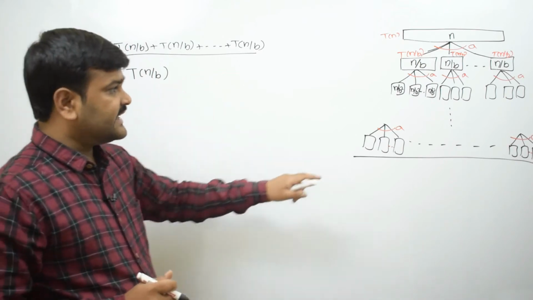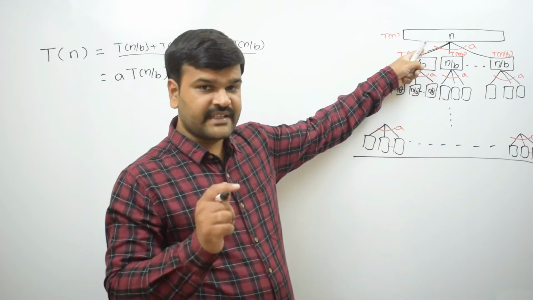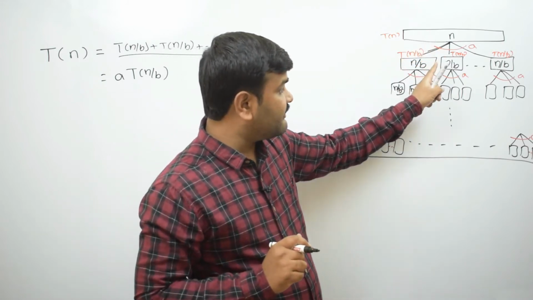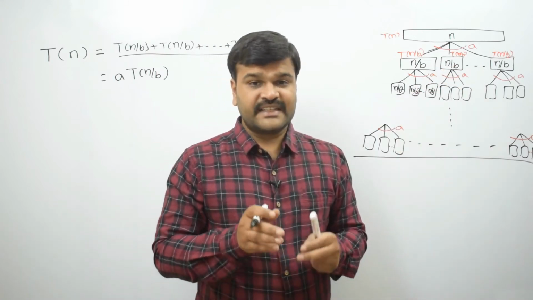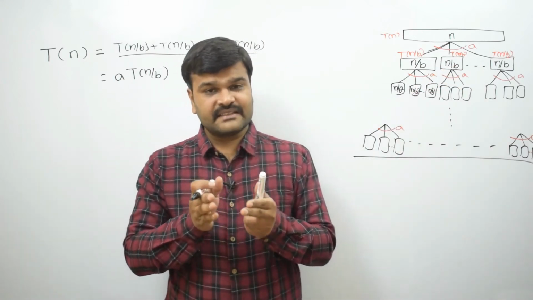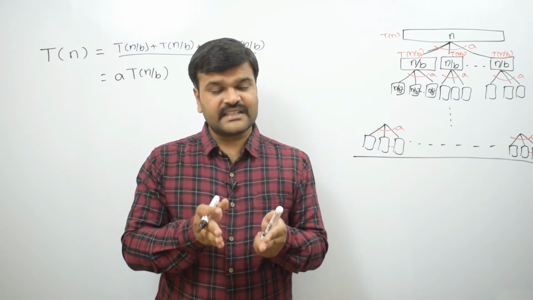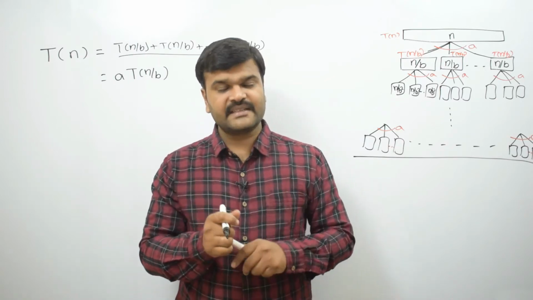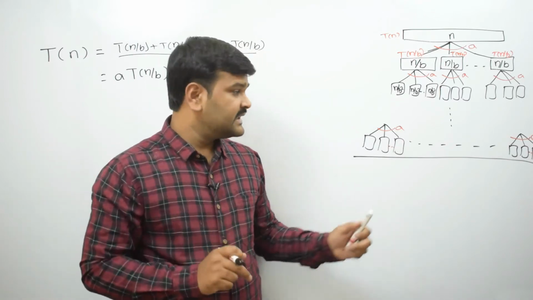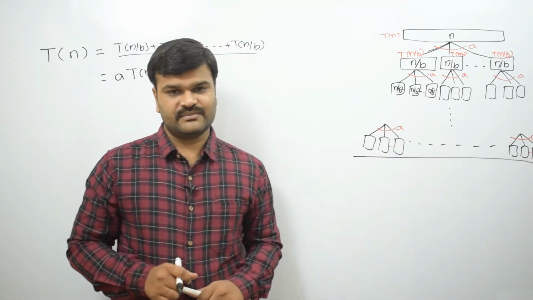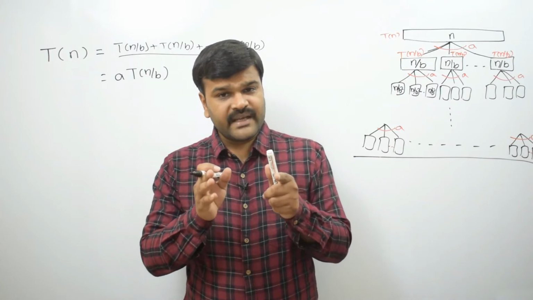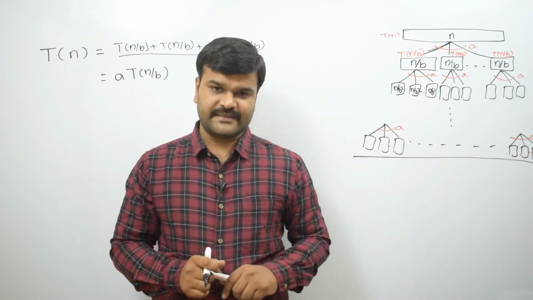Initially given n is divided into a subproblems. Division is also some work, and it will take some amount of time, right? Or sometimes the subproblem solutions you have to combine, and that combining also will take some amount of time.